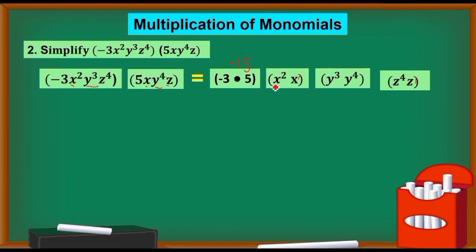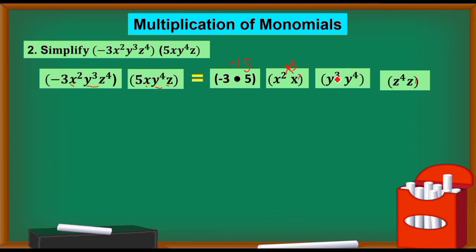Next, since parehas po yung x niya, so copy nyo lang yung variable x, and then i-add natin yung exponent. 2 plus 1 is 3. So, x raised to 3. Pagpasensyahan po, mas napalaki ata yung ating x.